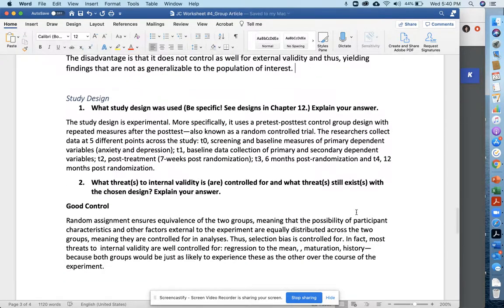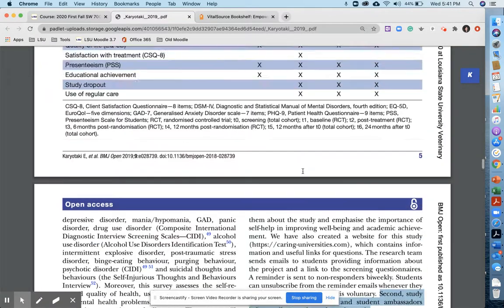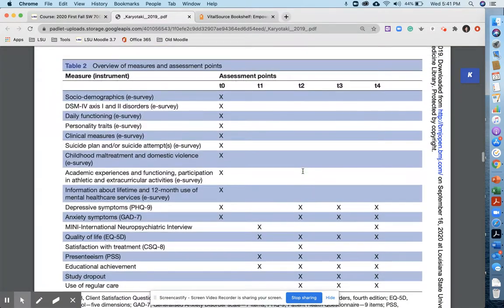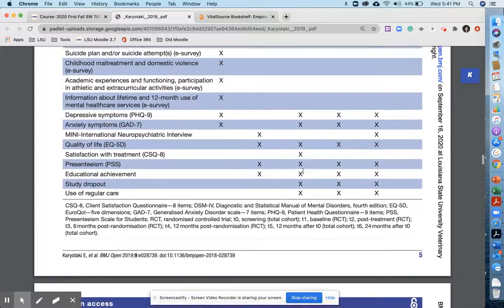All right, the last two questions here are about study design, which is what you are learning about in week 5 material. So, for this, let's look at the table on page 5.